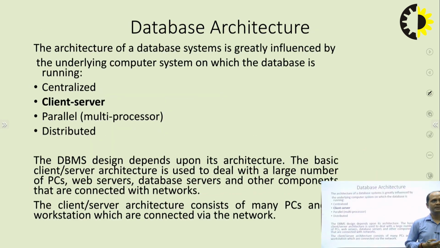Now we have discussed architecture: how it is designed, how it works, and how it flows for particular data. The database architecture is greatly influenced by the underlying computer system on which the database is running. There are 4 types: centralized, client server, parallel and distributed.